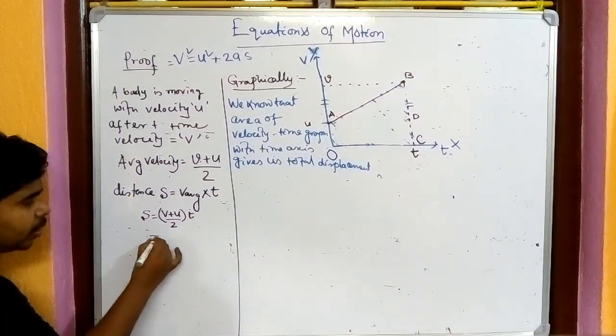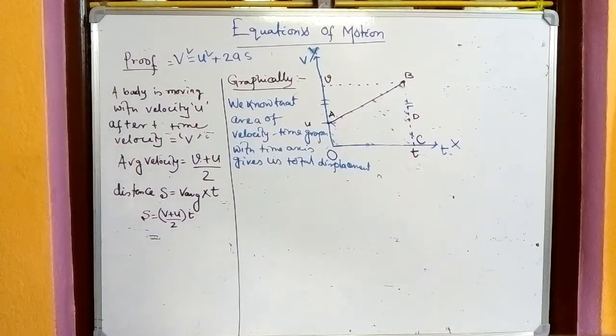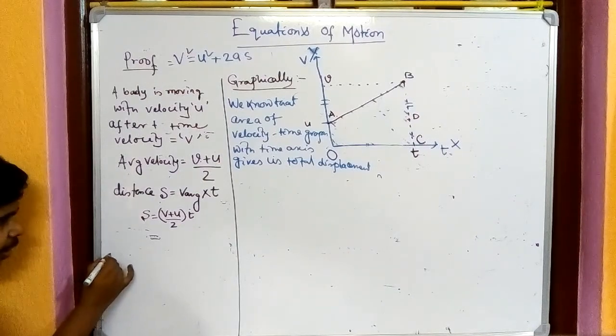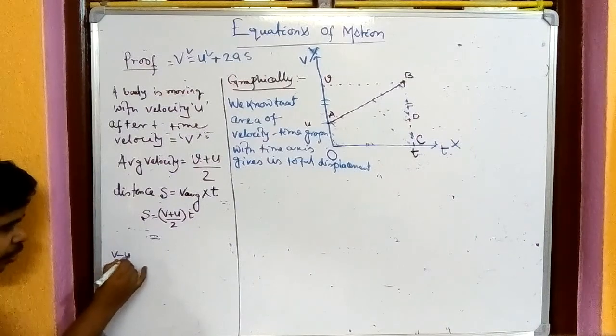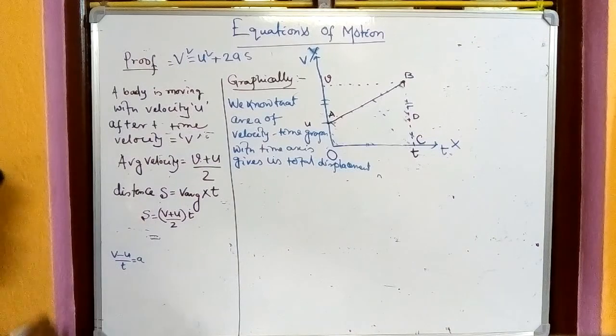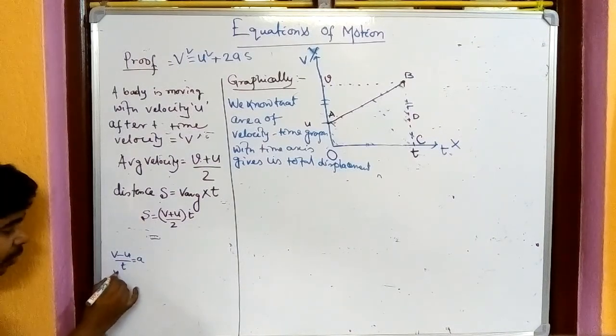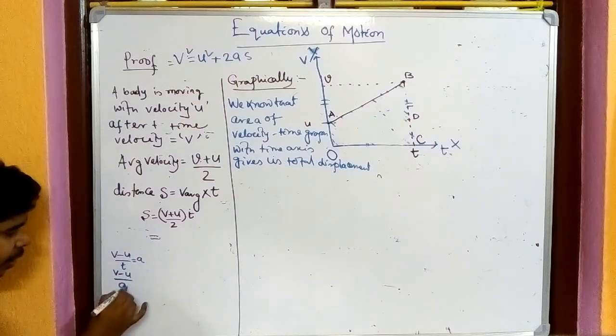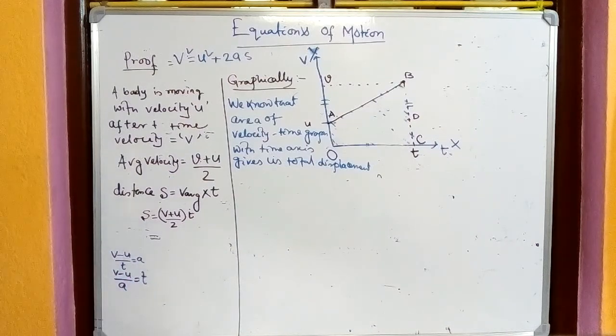Now this t, previously whatever we have done, we have not changed t, we have just taken the value of v, that is u plus at. Here we will change the value of t. How? We know that v minus u by t equals a, the previous equation, and v minus u by a equals t.